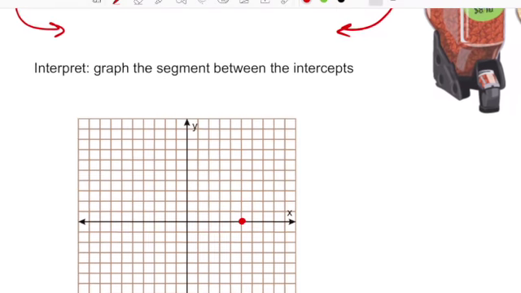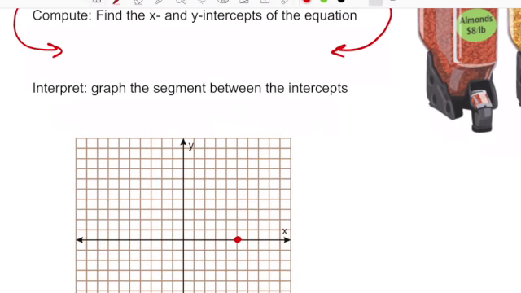And the y-intercept was at 0, 4, so right here. So I'm just going to write that here for you, that the x-intercept was at 5, 0, and the y-intercept was at 0, 4.